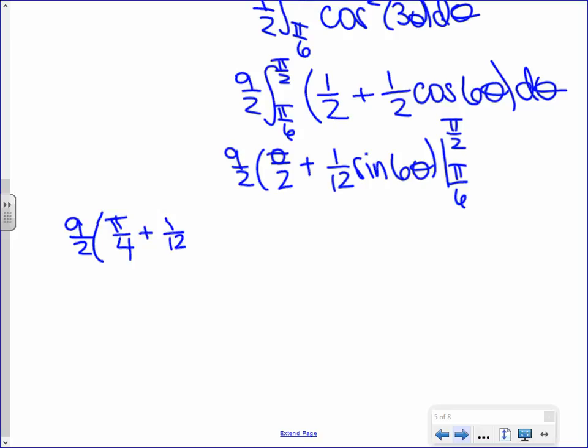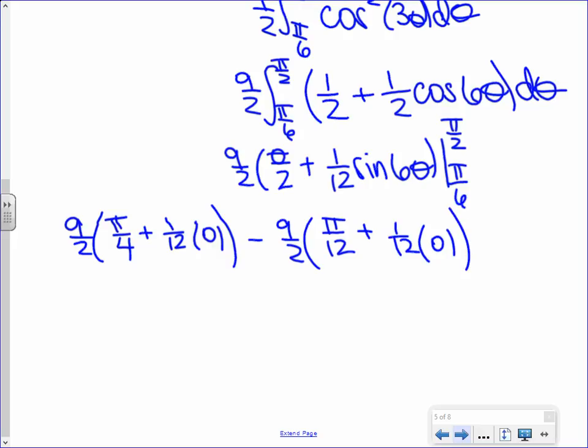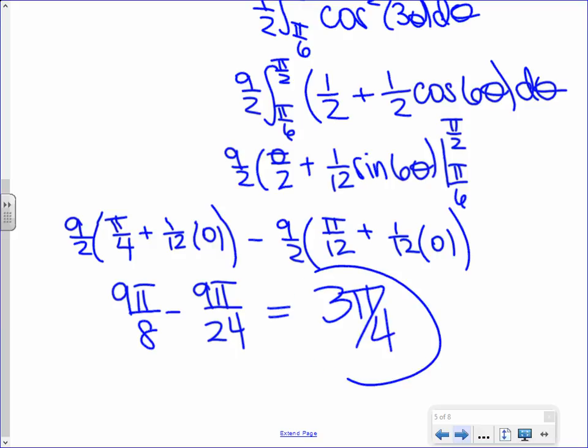What's the sine of 3 pi? That'd be 0, right? So it's 9. So we have 9 pi over 8 minus 9 pi over 24, which is 3 pi over 4.